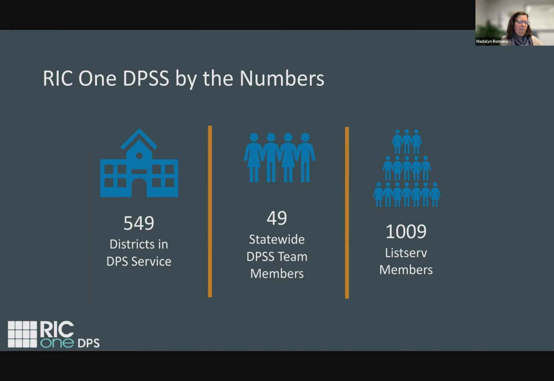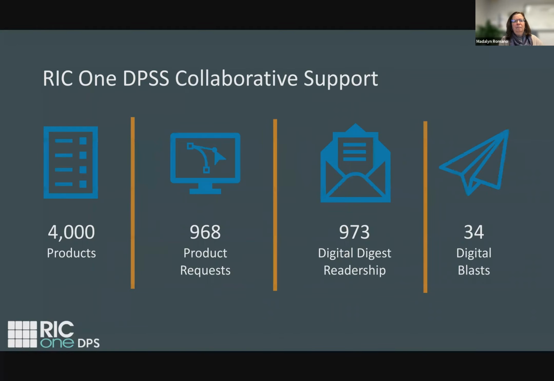We have a large team on the RIC 1 team, and as part of the service, we have a few different tools that I'll touch on during this presentation. If you're interested in learning more, you can reach out to your regional information center in the area, because many of the regional information centers can work with charter schools.